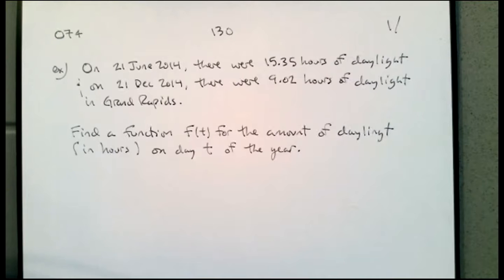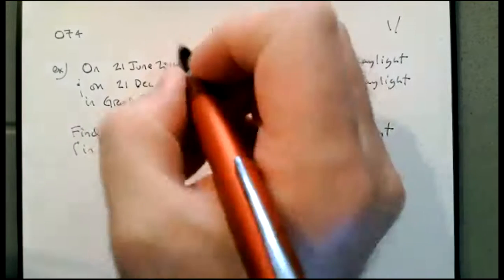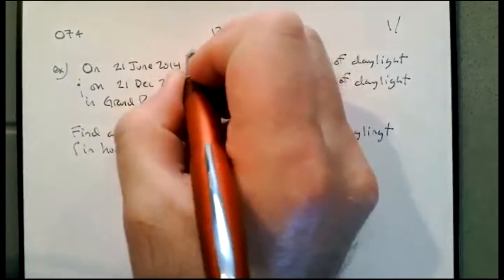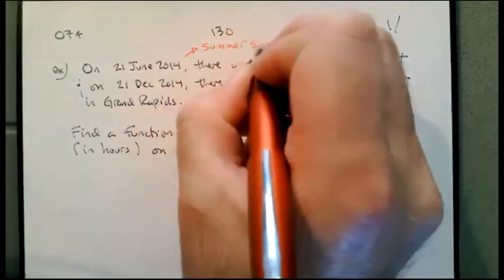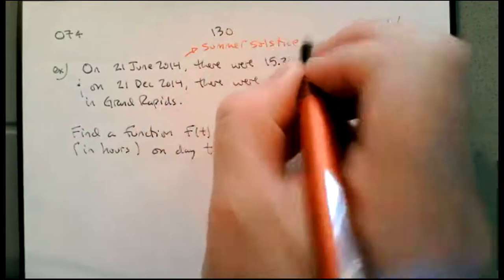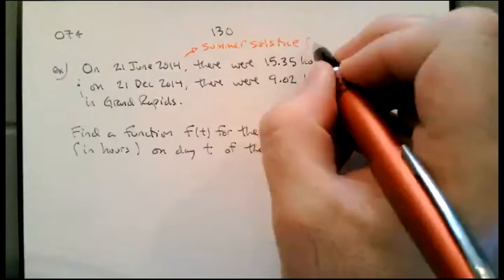The additional information that we'll have is that June 21st is when we have the most daylight. So this is going to be the summer solstice. That's going to be the most daylight.